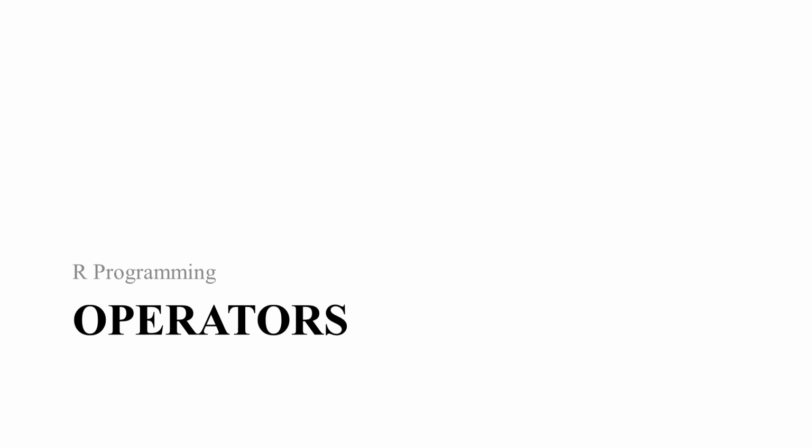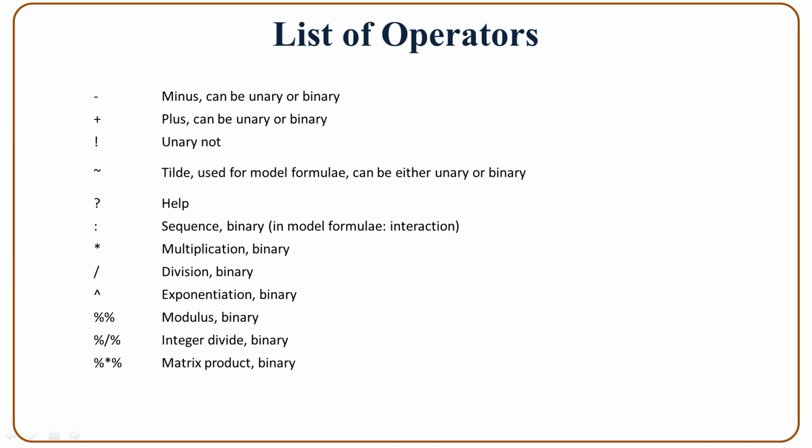First, let's talk about R operators. This is a list of operators. We have minus, which can be unary or binary. Plus can also be unary or binary. Not, and tilde that is used for model formulas can also be unary or binary.